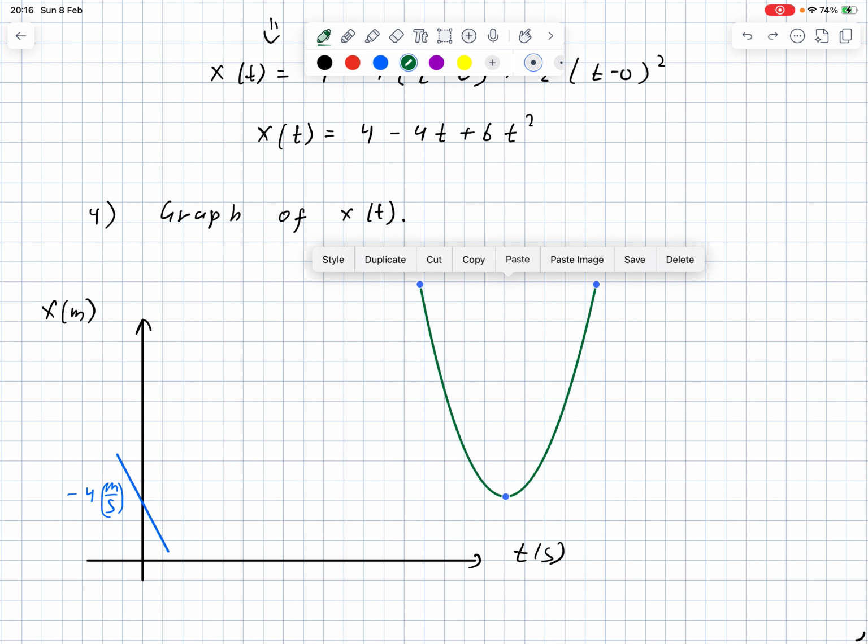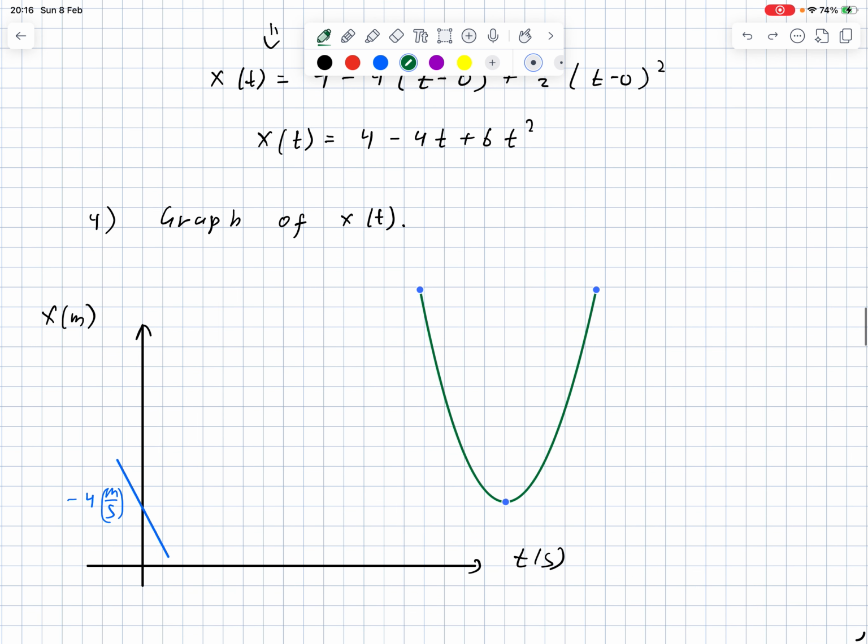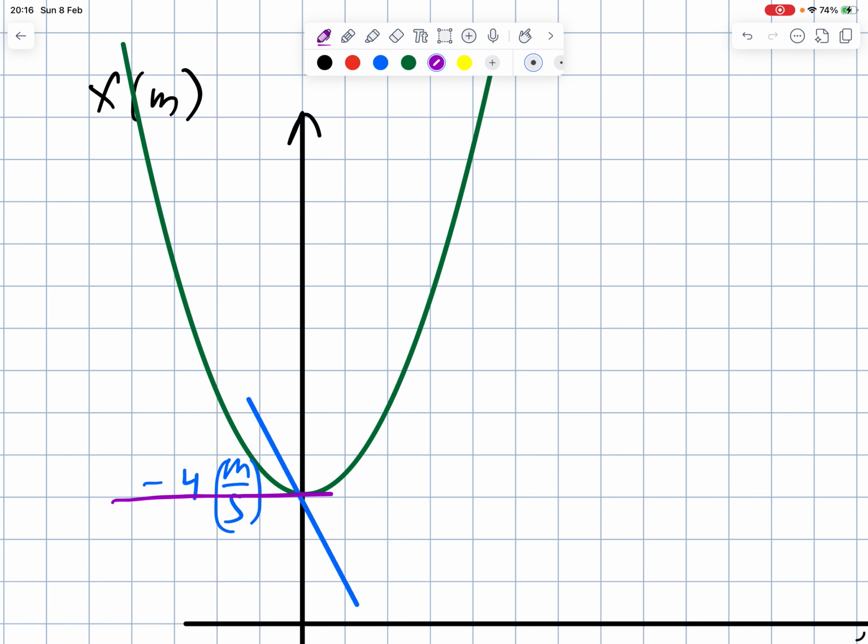So I cannot use, for example, this function, because at time of 0 the instantaneous velocity would be 0 meters per second, or the tangent of this parabola should be also 0.